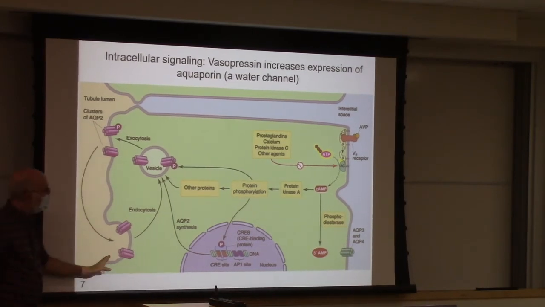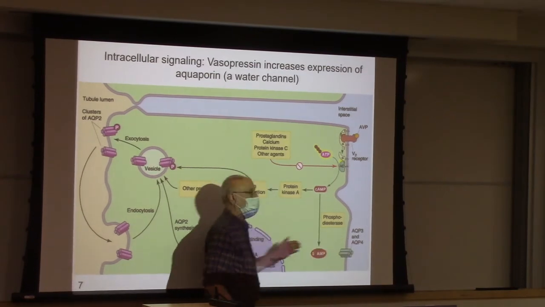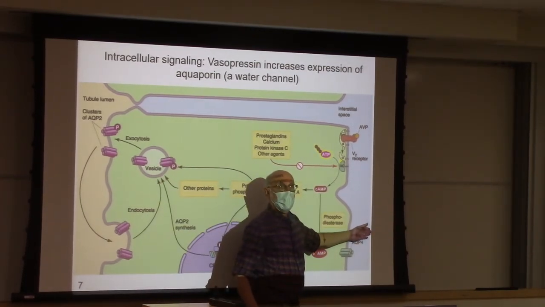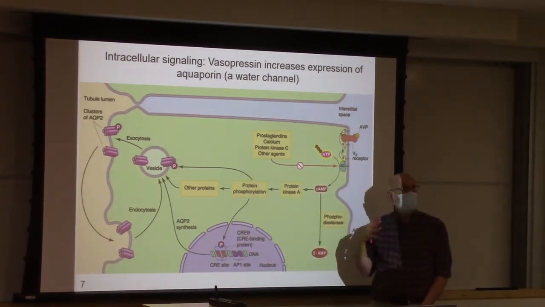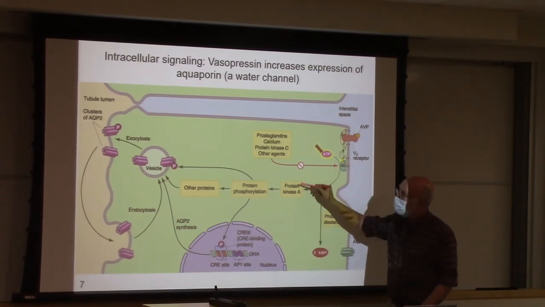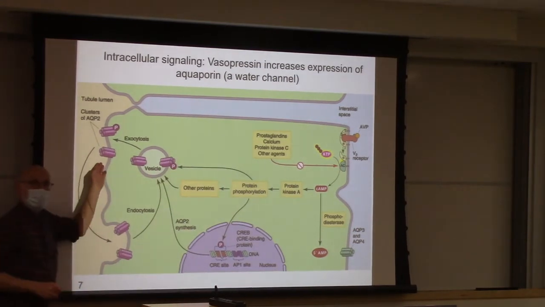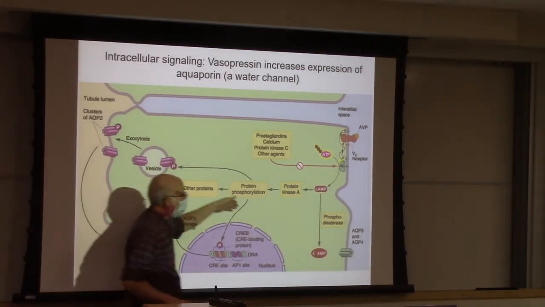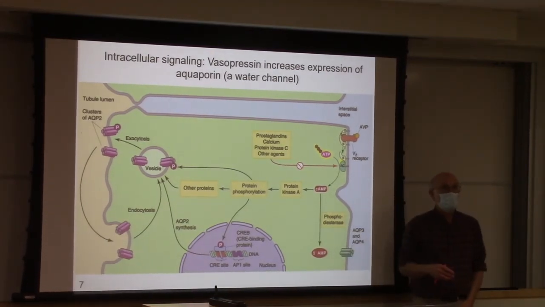And if we have very little aquaporin on one membrane, then it doesn't matter how much aquaporin we have over here, we're not going to get transcellular water permeability. But in the presence of vasopressin, the story is phosphorylation, exocytosis, high water permeability here, and high water permeability here means high transcellular water permeability.